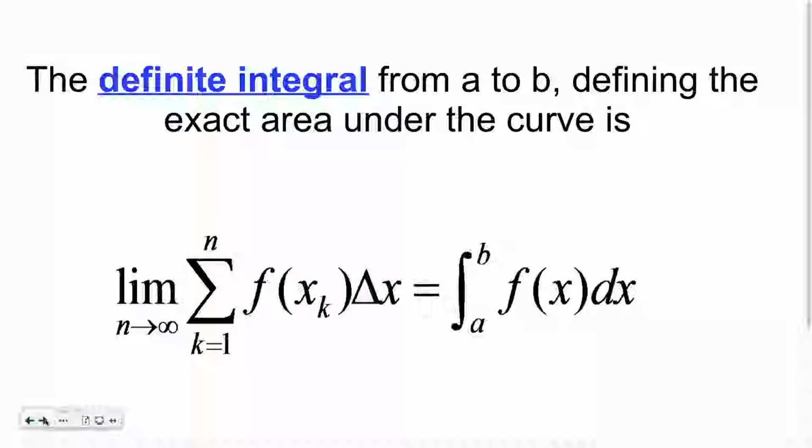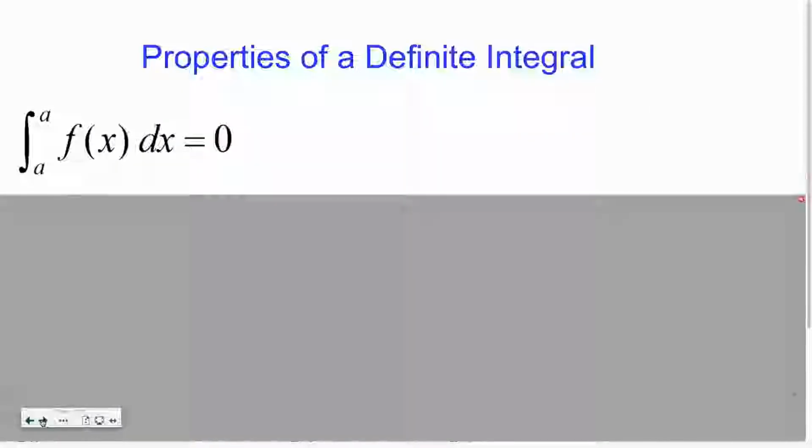So when we take the integral from A to B, we are finding the area under the curve, the curve back to the x-axis. Okay? So how does that fit into our infinitely many, infinitely small rectangles? Okay? We'll get there. I'm going to come back to these at the end.